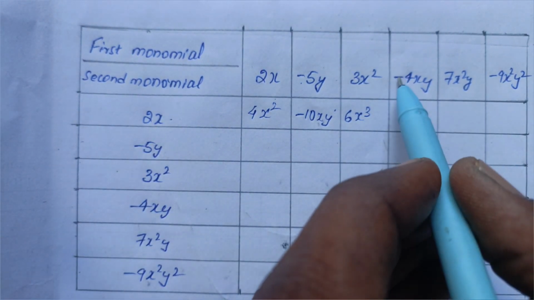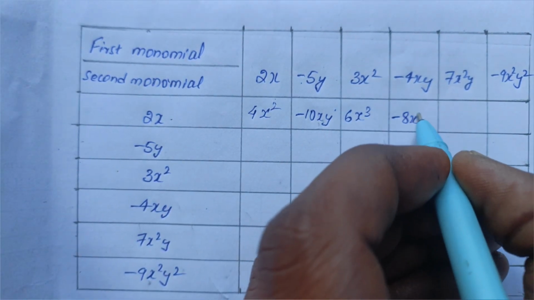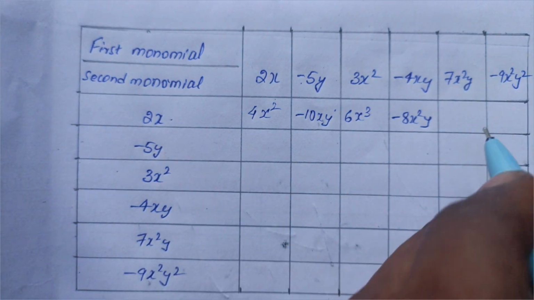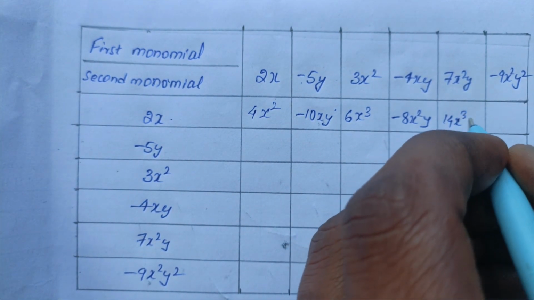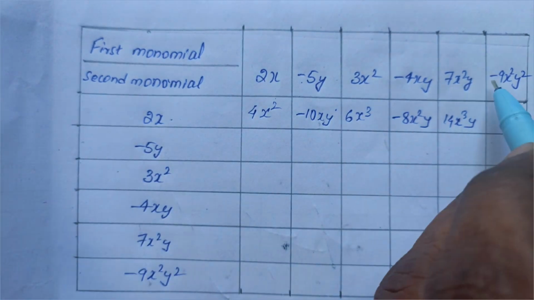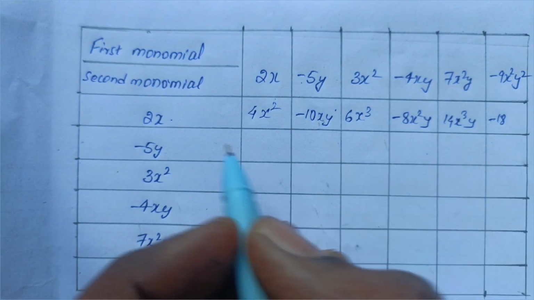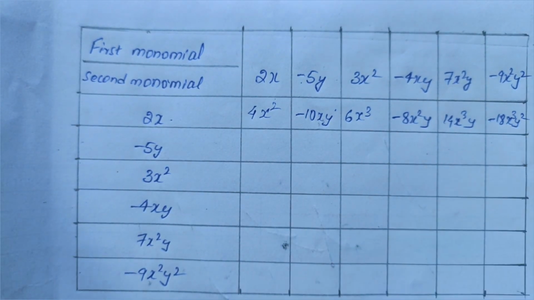Now minus into plus is minus, 2 fours are 8, x into x is x square, y. 2 sevens are 14. X square into x is x cube y. Plus into minus is minus. 2 nines are 18. X into x square is x cube y square as it is.